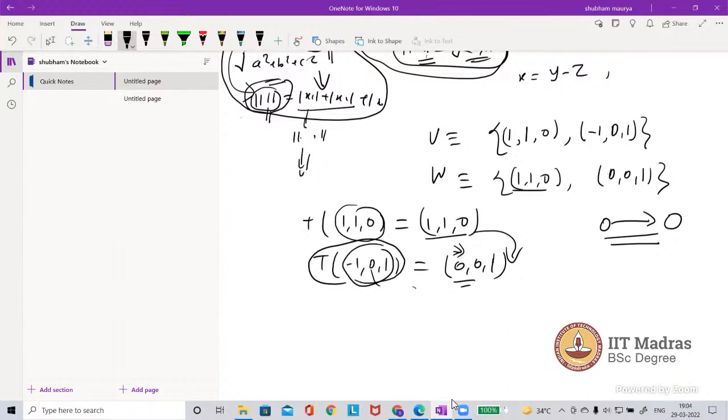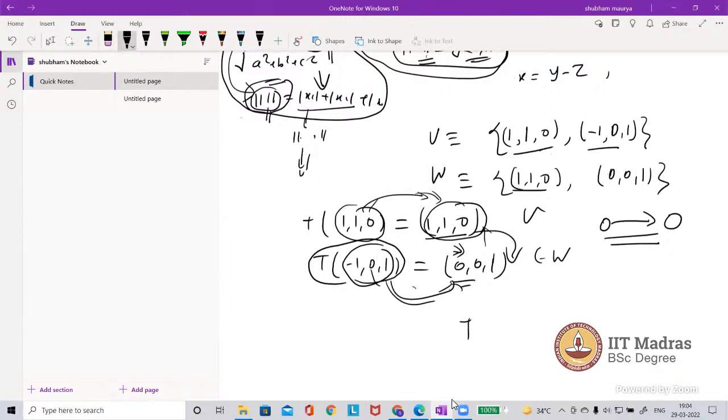These two are images of elements of the basis. This is a vector of W, and you can see both are independent of each other. It means you are getting two independent vectors independently.